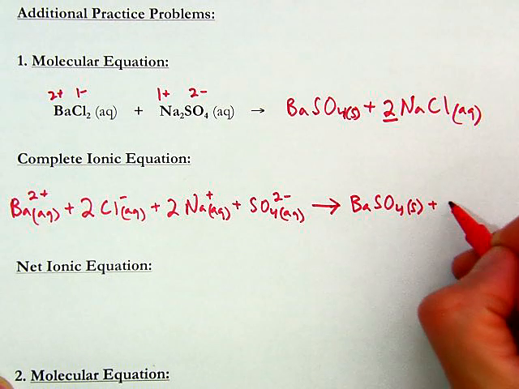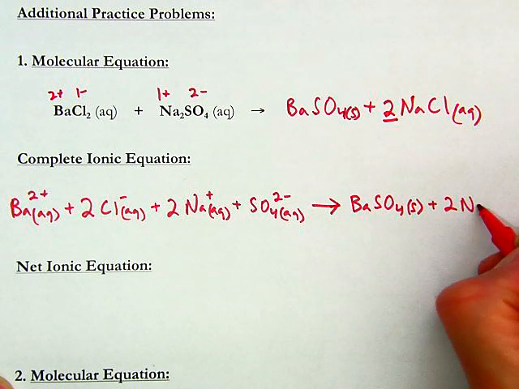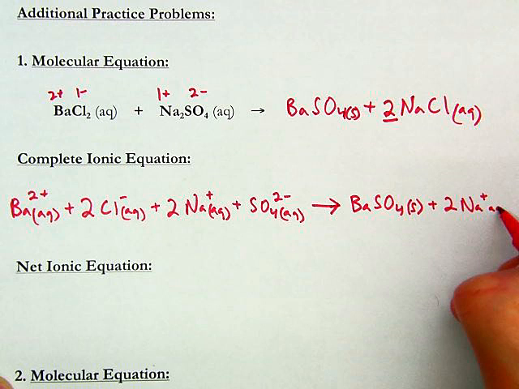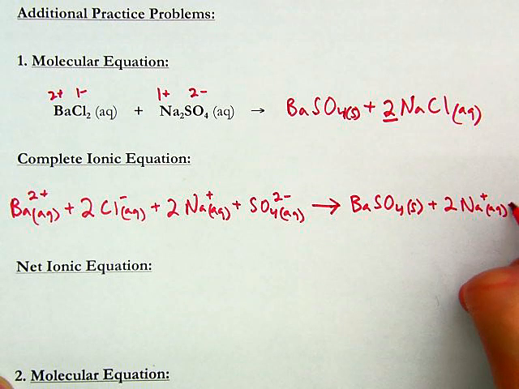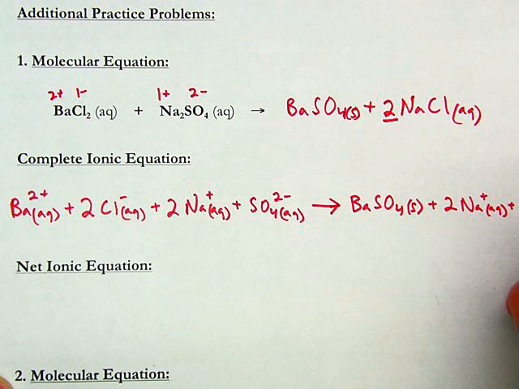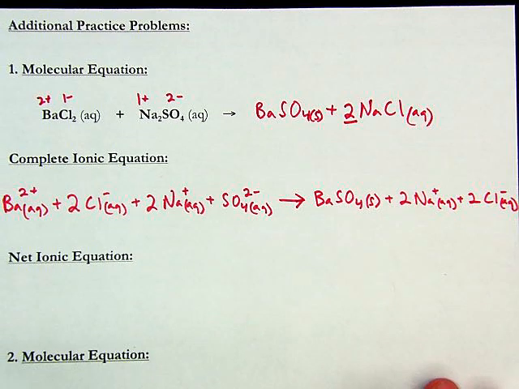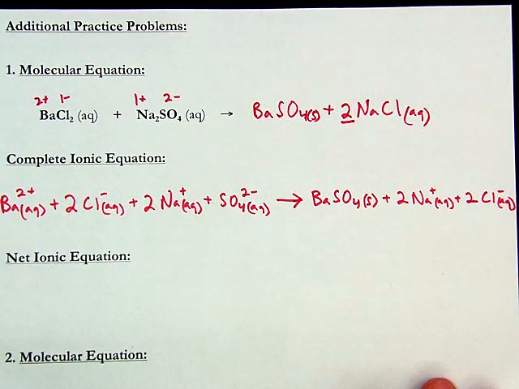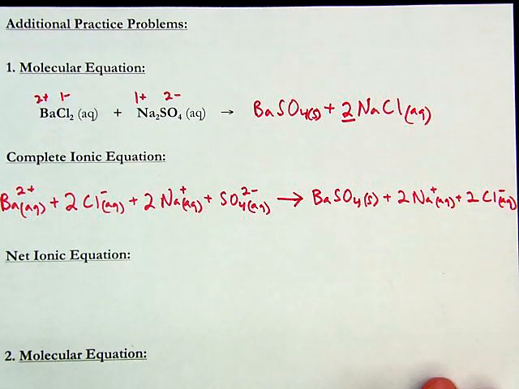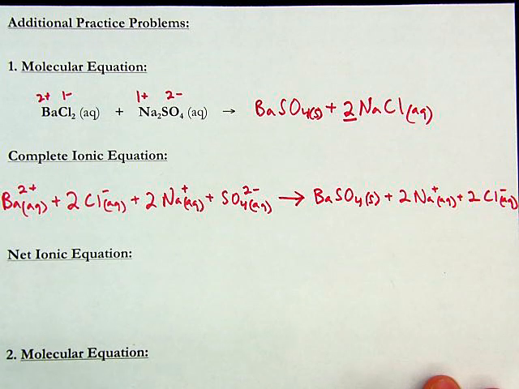And then I have 2 sodiums and 2 chlorines. All right, this is our complete ionic equation.